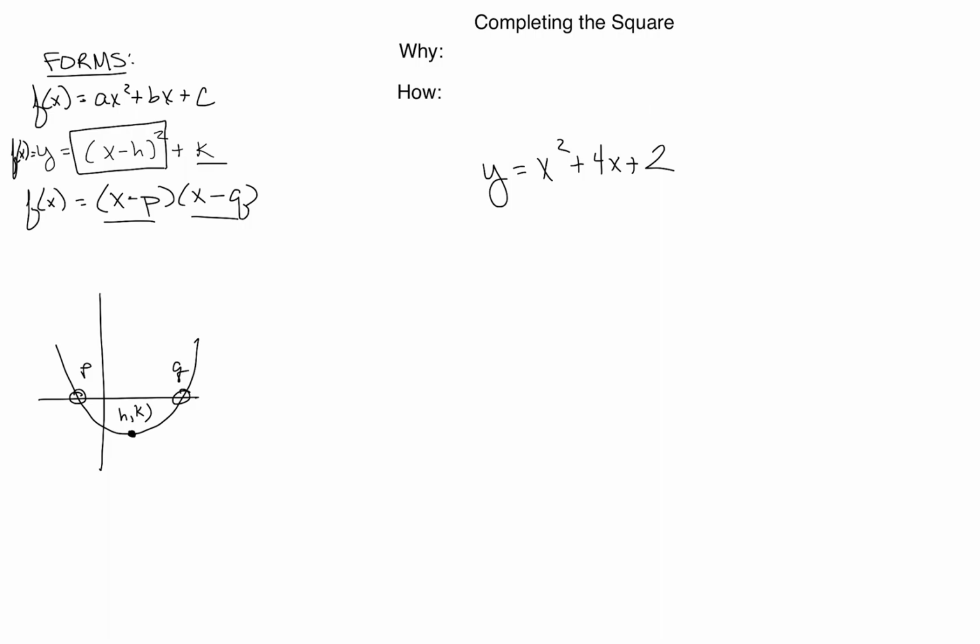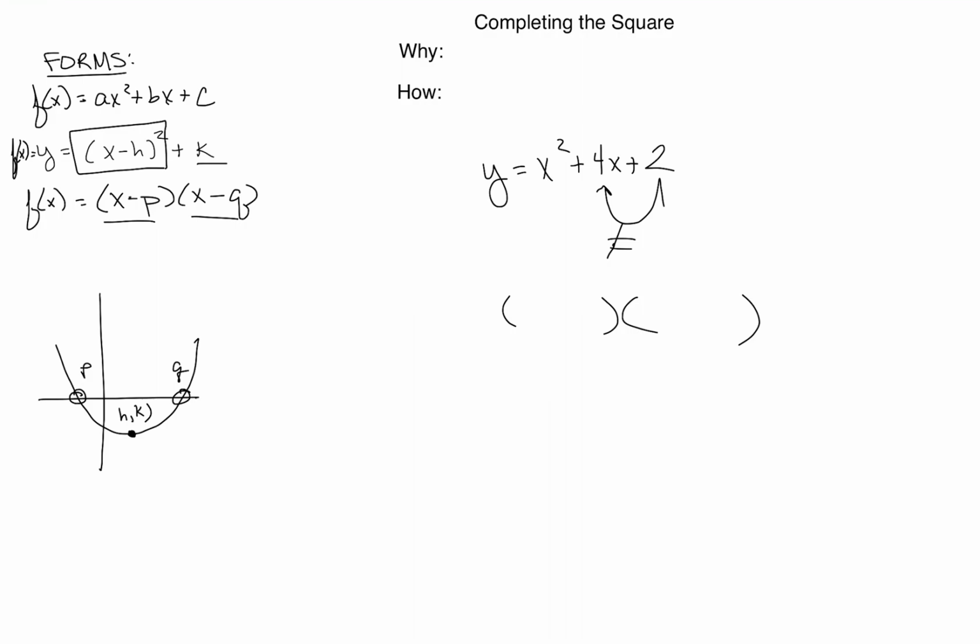And so we look at our standard equation and we go, okay, it's in standard form. We could find our vertex. But when I ask myself, what factors of 2 add up to be 4? There are not any. And so we cannot easily put this in factored form.